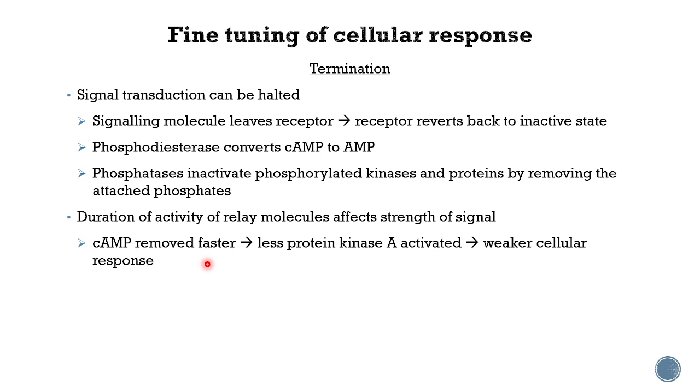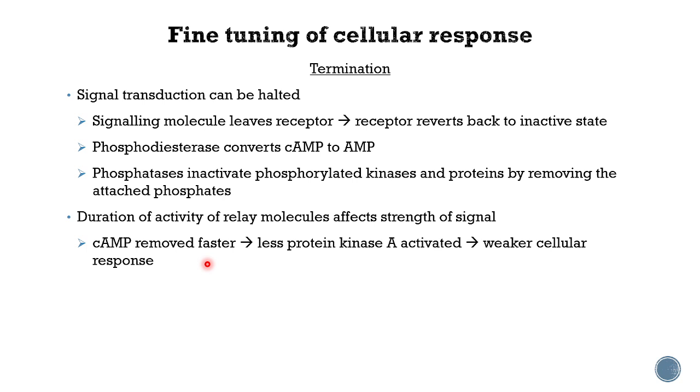So the faster termination occurs, the faster the response ends, and also the weaker the response. This is how we fine-tune the response. We don't only enhance and amplify the signal. There can also be a way to lessen or lower the signal and eventually terminate the signal.